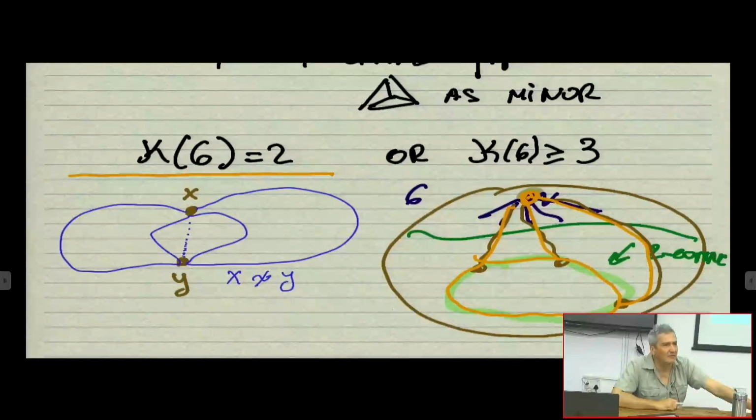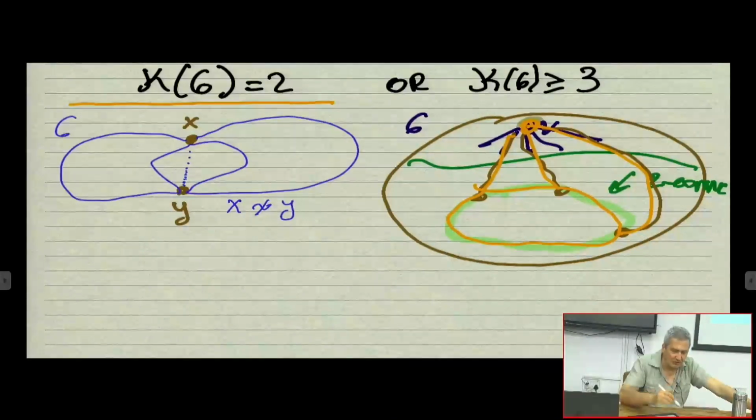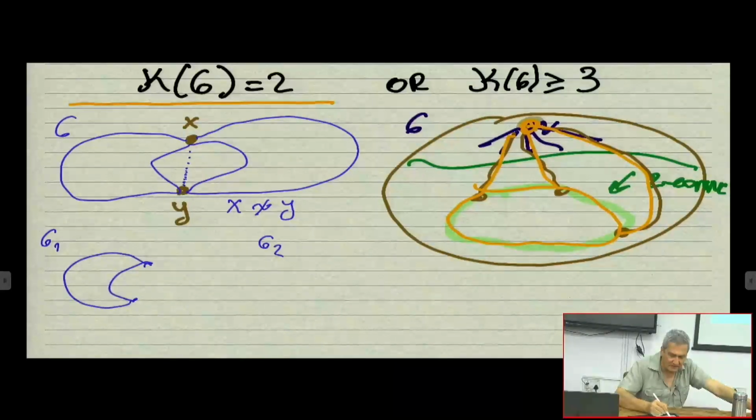Okay. Now look at these two graphs. This is graph G. Look at these two graphs, G1 and G2. I take the left part and additionally put this edge. Similarly for G2, I took this one, and this is G2.